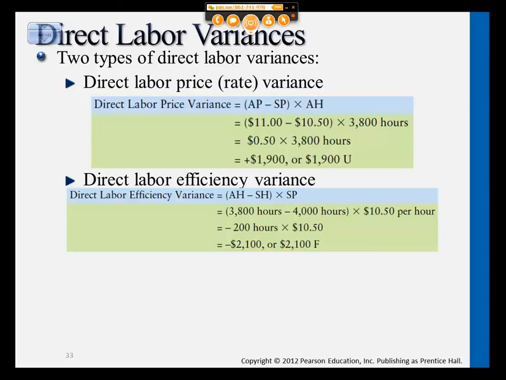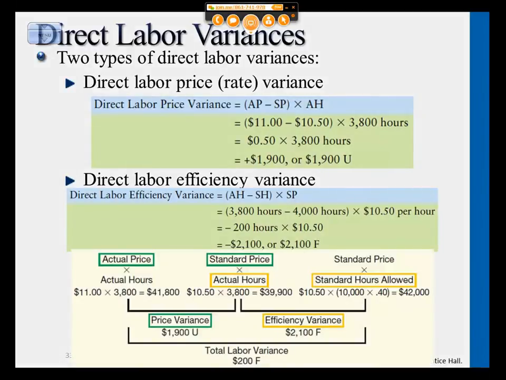And the direct labor efficiency variance is the difference between actual hours and standard hours multiplied by the standard price. So how does it look? The price variance is the difference of the two, actual price times actual hours and standard price times actual hours. And the efficiency variance is, again, the difference of the two.